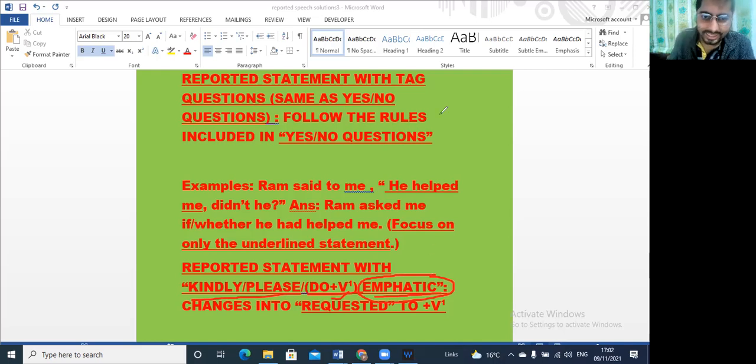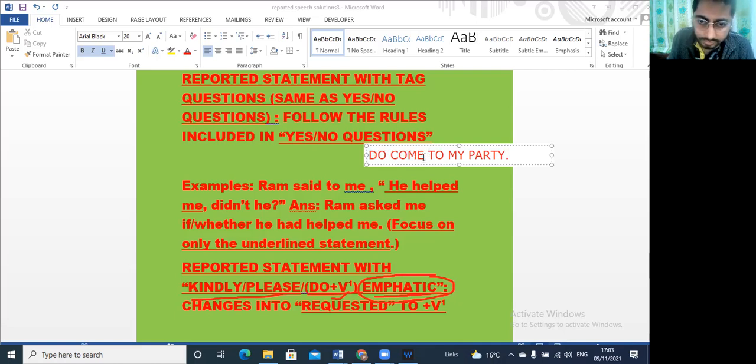do come. Okay, let me use a sentence over here. Do come to my party, do come to my party, do come. If we talk about do come, do is the emphatic verb and come is verb 1.